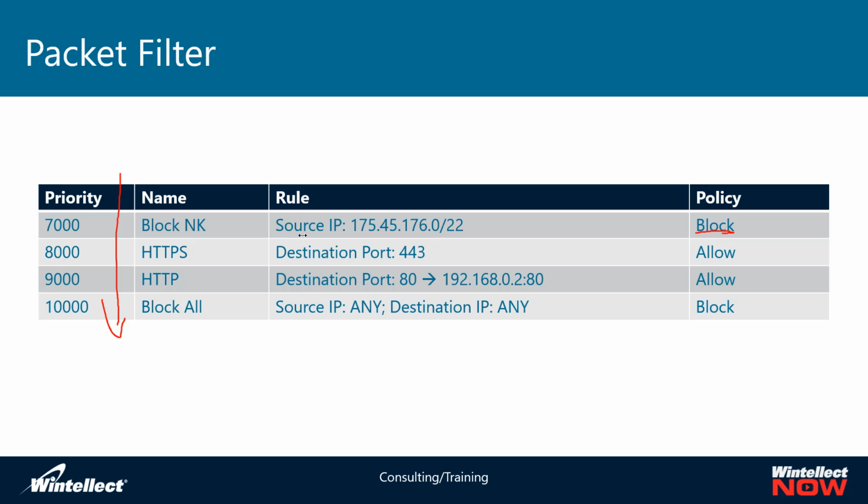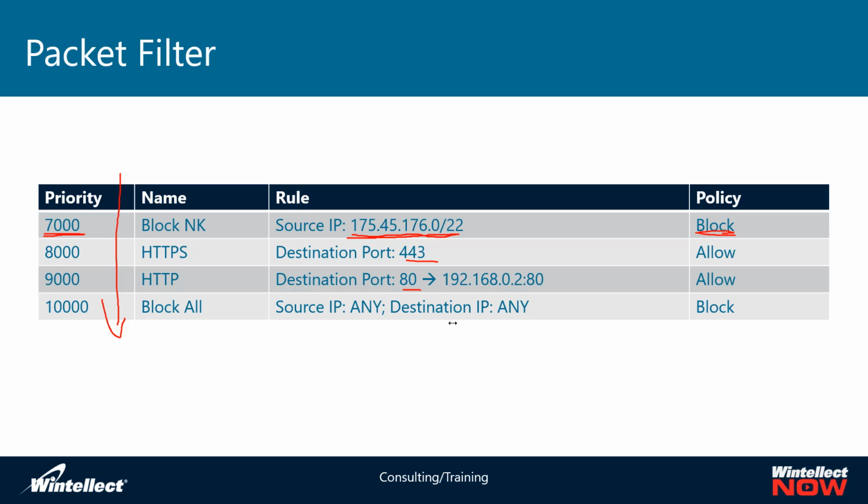I don't know that this is the actual CIDR block for North Korea, but if I wanted to block all traffic out of North Korea coming into my network, I could put in a CIDR block rule that uses that slash notation to say that anything out of North Korea I want to block, and that's the number one rule on my priority filter here, on my packet filter here. And so if I say anything that has a source IP address that falls within this range, I'm going to apply a block on it. It doesn't matter if it's bound for port 443 or port 80.